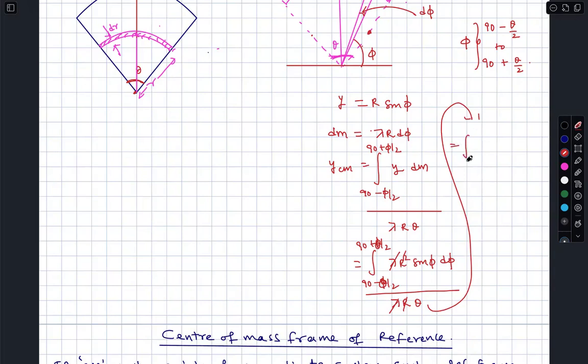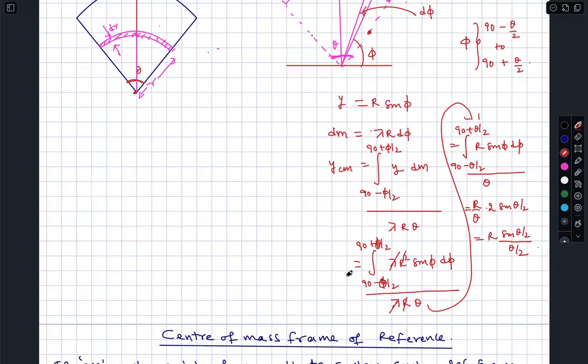So it is nothing but the integral from 90 minus theta by 2 to 90 plus theta by 2 of sine phi d phi, by theta. So r by theta times the integration part, which gives 2 times sine theta by 2, which means r sine theta by 2 divided by theta by 2.